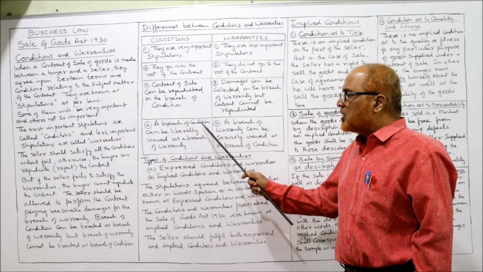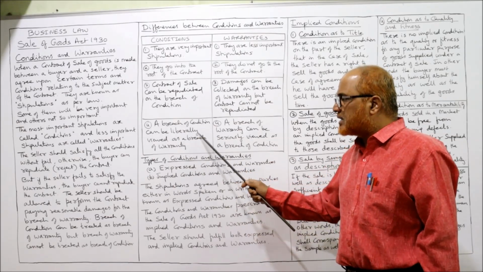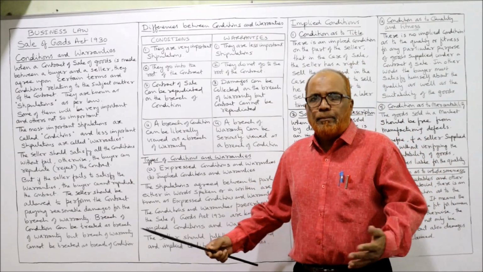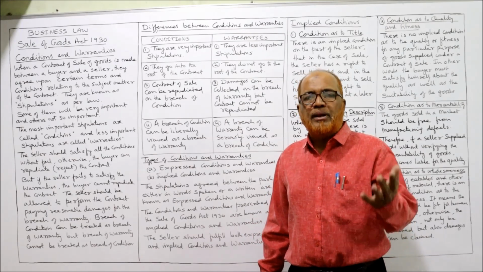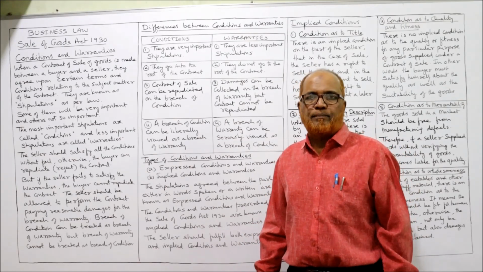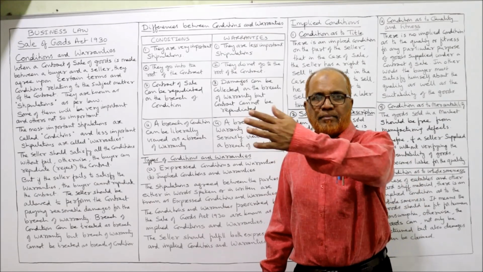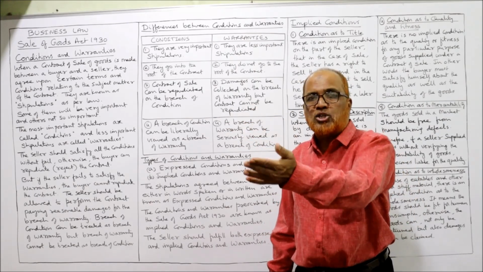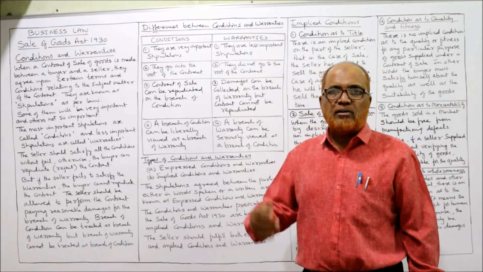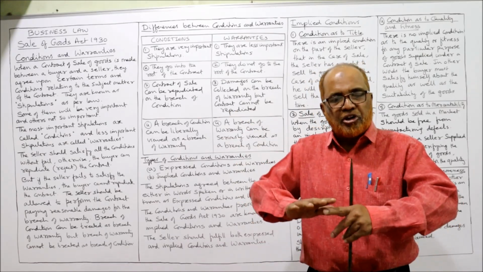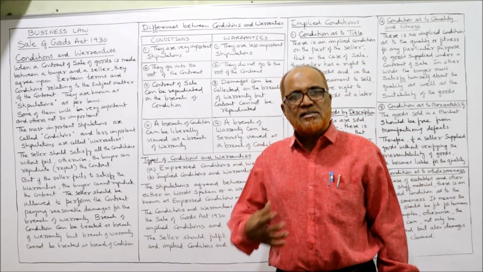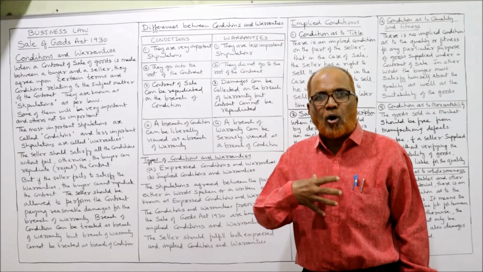Next one is, a breach of condition can be liberally viewed as a breach of warranty. So liberally, we can convert a breach of condition into a breach of warranty. I am the buyer. When the seller has made a breach of condition, I can repudiate the contract. I can reject the contract, but it is in my hands. It is at my option.